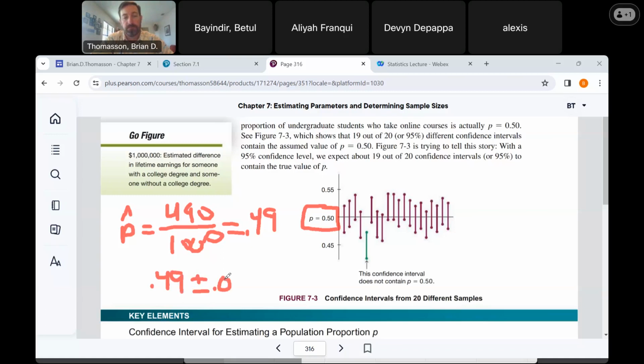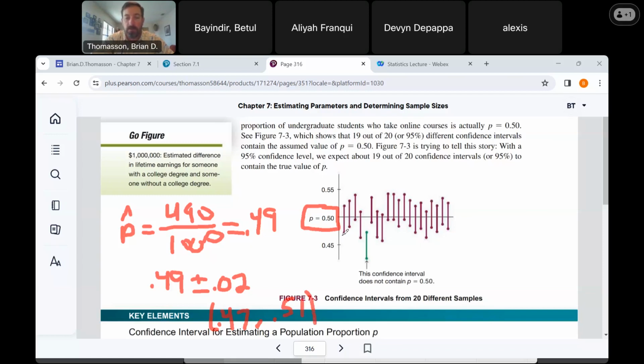So if we add and subtract 0.02 from 0.49, we'd have 0.47 on our lower end, and our upper bound would be 0.51. So we'd have that range.